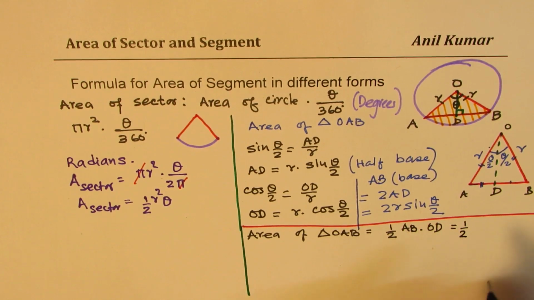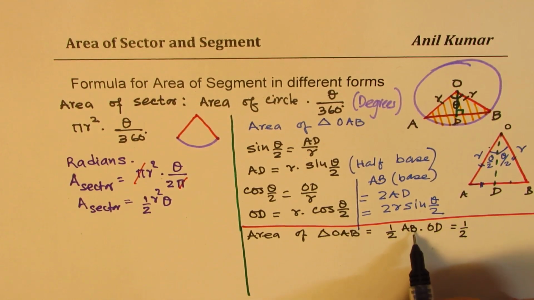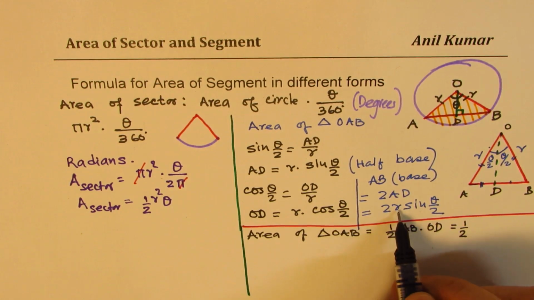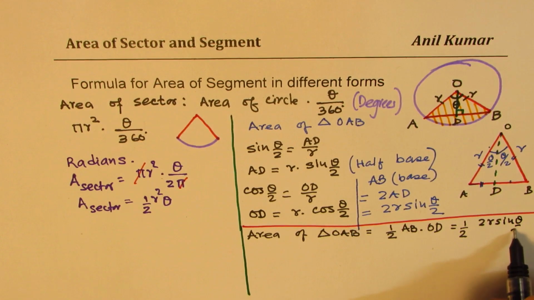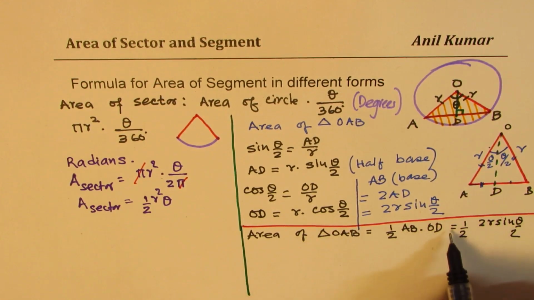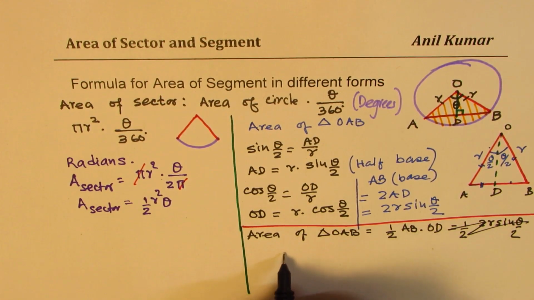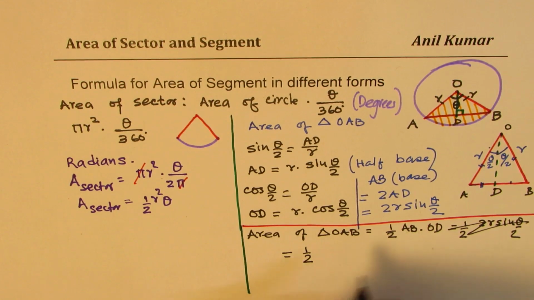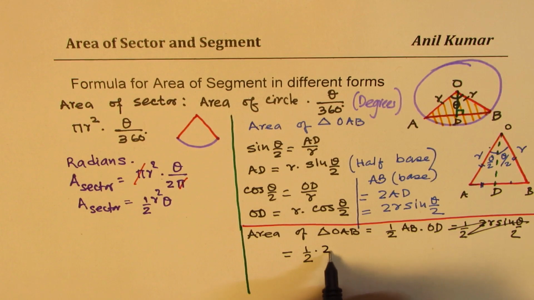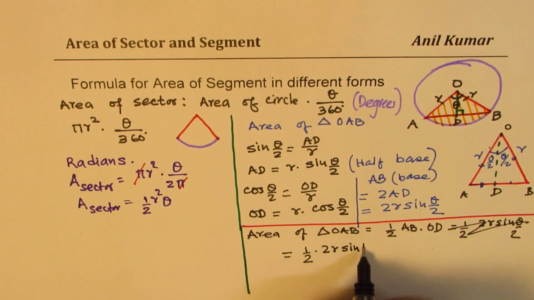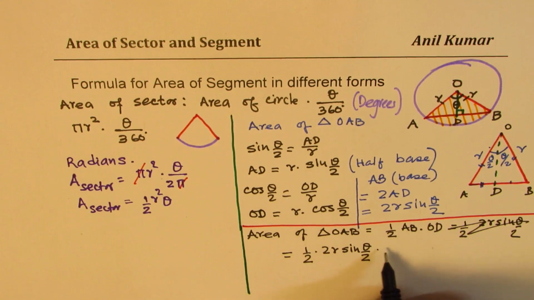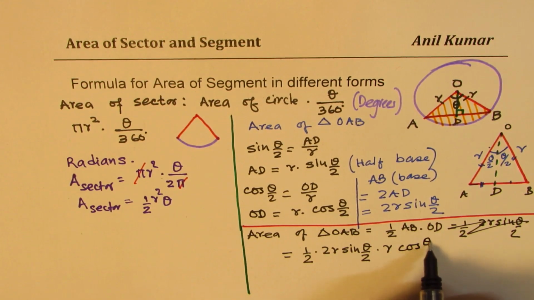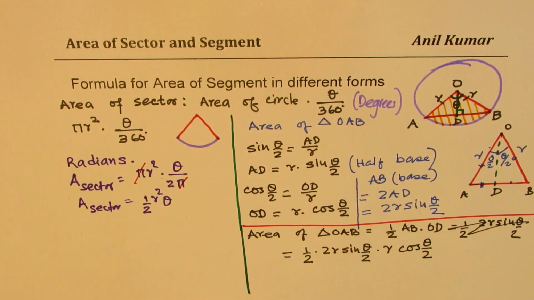Half of AB is 2R sine theta by 2, and OD is R cos theta by 2, correct?